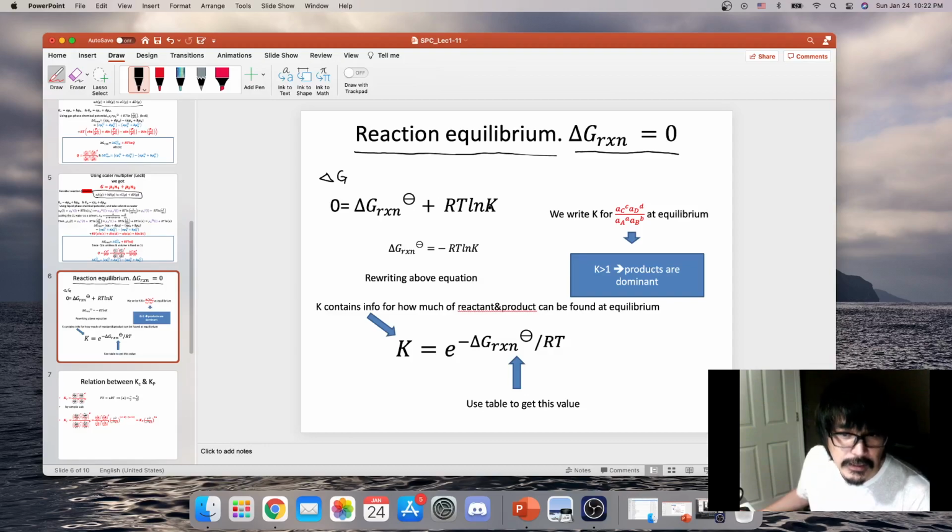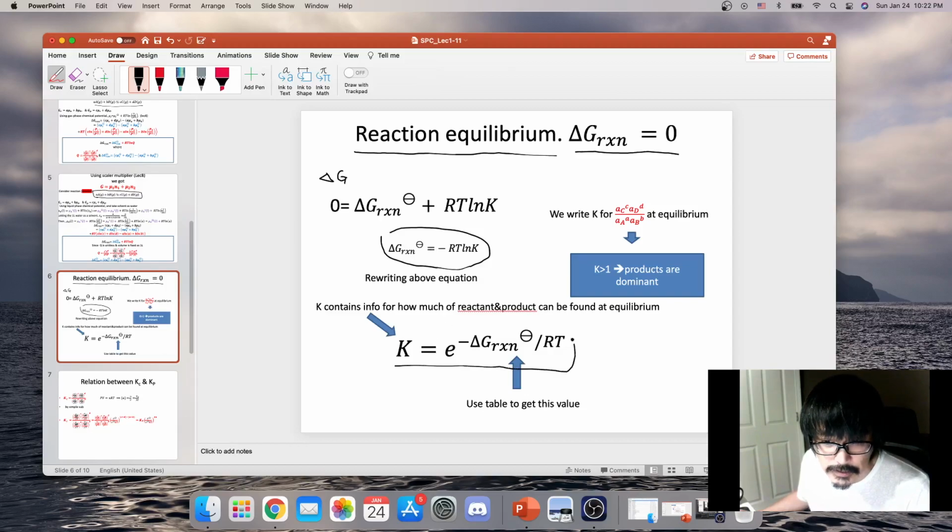And this time, Q is substituted by K. Then bring these things over there, and you get this formula right here. And by the way, if you divide both sides by negative RT and then take an exponential, you can get this formula. It's probably a more familiar form. Either way, you can use either one of these to solve some problems.